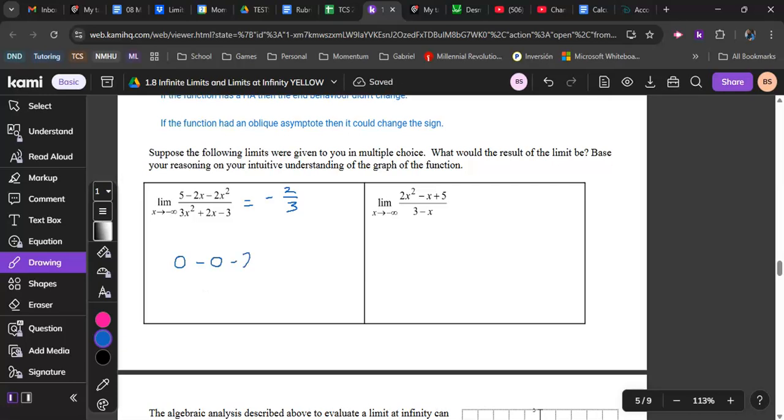And then minus 2, and the x squareds will cancel. Over, on this one here, I'm going to get 3, because the x squareds cancel, plus 0, minus 0, because if these are divided by infinity, they're going to go away. They don't matter. So all that's left is our negative 2/3.